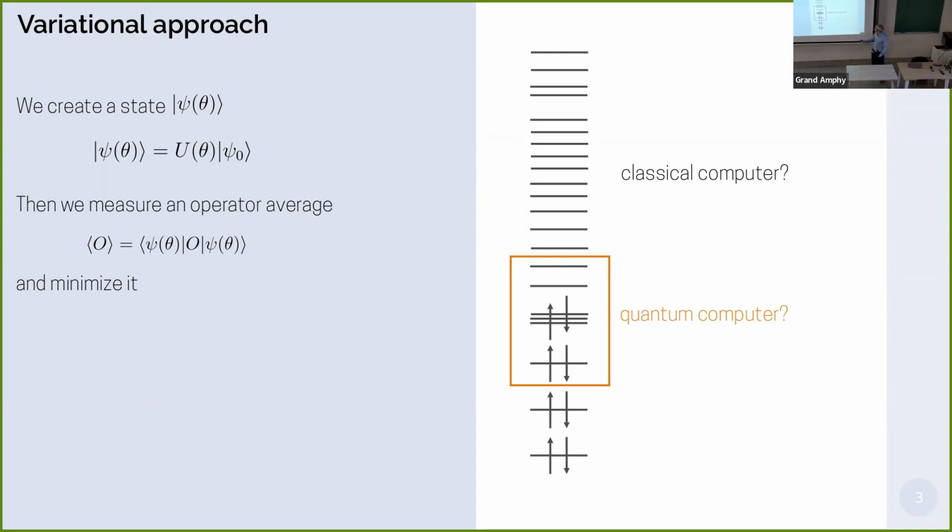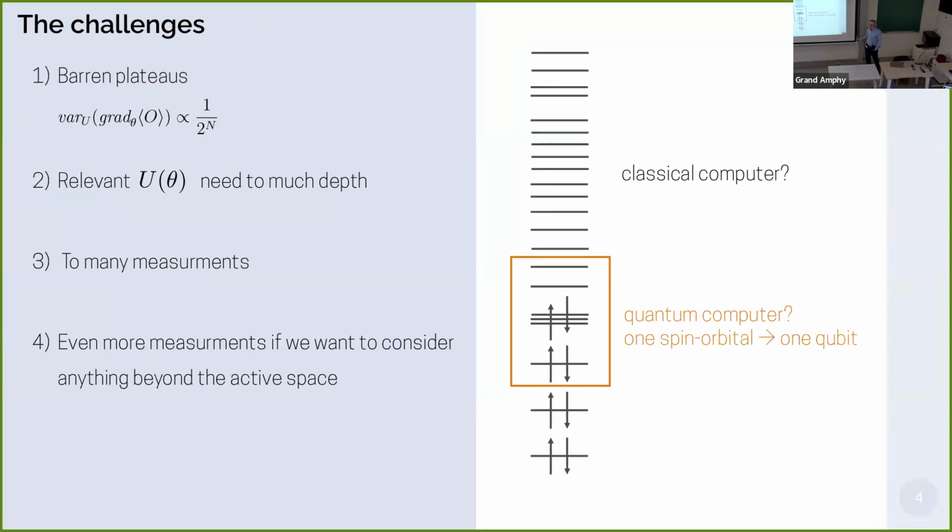And the rest, we also have to think about how to handle it, or what to do with it. Let's keep in mind that normally the mapping is that one spin orbital goes to one qubit. So if you have 60 or 80 qubits, this would mean 60 or 80 spin orbitals. And now let's consider this in the context of the challenges with variational approaches.